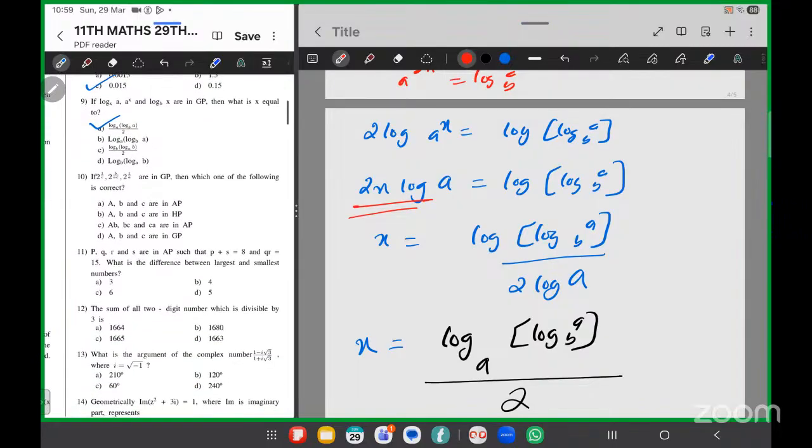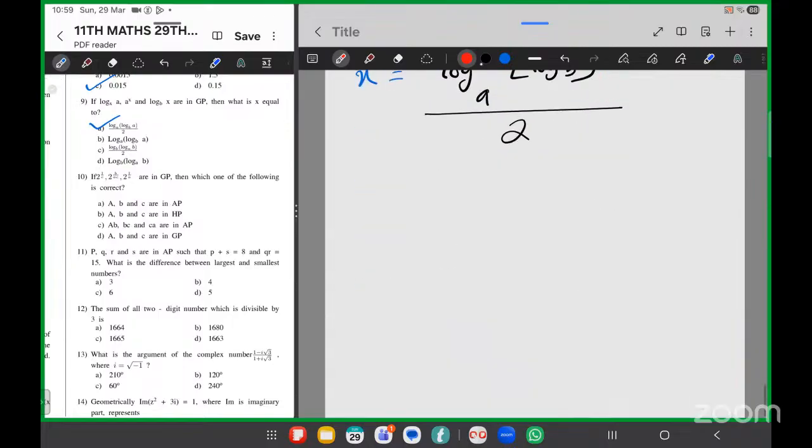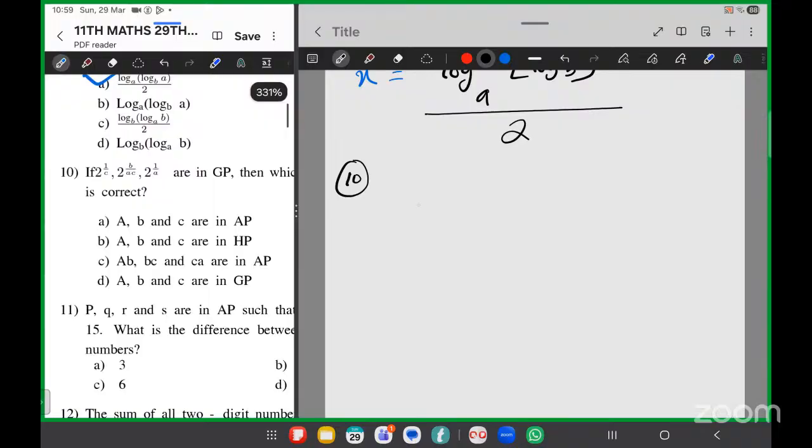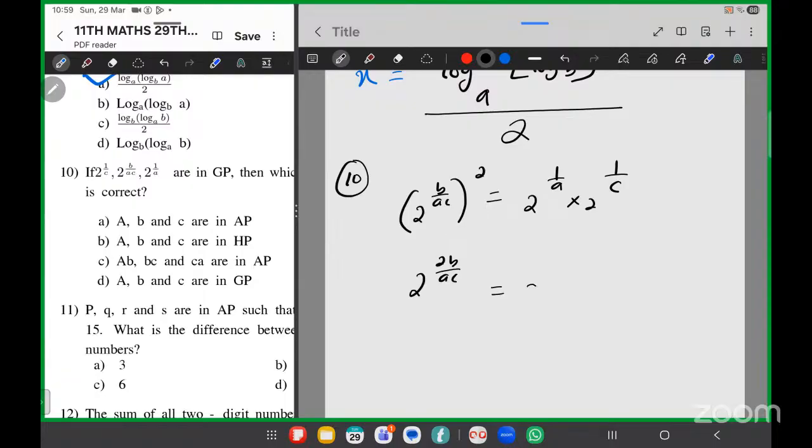Question number 10. These are in GP. So I can write 2 raised to b by AC ka square is equal to 2 raised to 1 by a into 2 raised to 1 by c. So I can write 2 raised to 2b by AC equal to 2 raised to a plus c by AC.